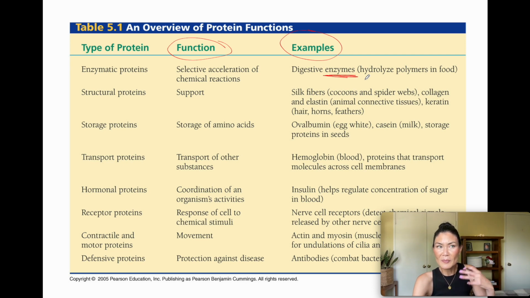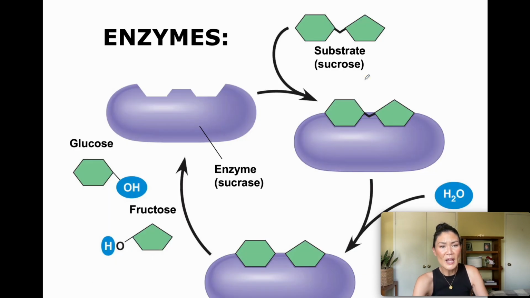When you eat food, you need to break it down, and there's no way to break it down except by hydrolysis using enzymes. Remember hydrolysis, breaking down molecules? You need enzymes to help with the hydrolysis process. Enzymes are proteins that speed up reactions and the whole digestive process by breaking down molecules.